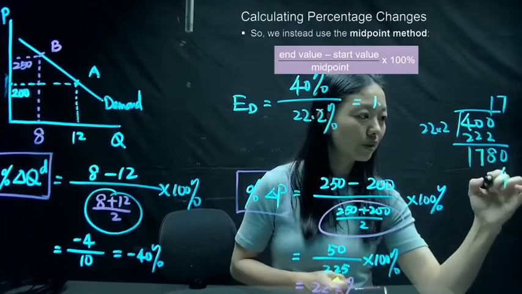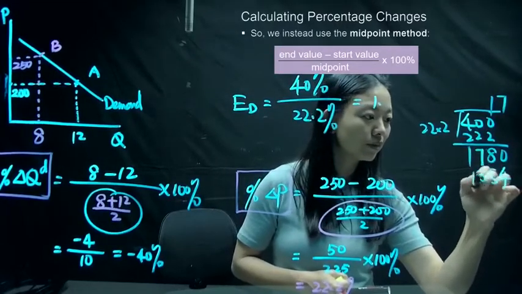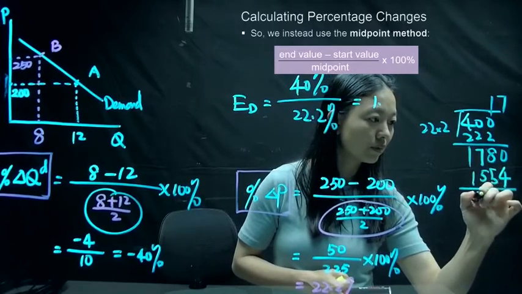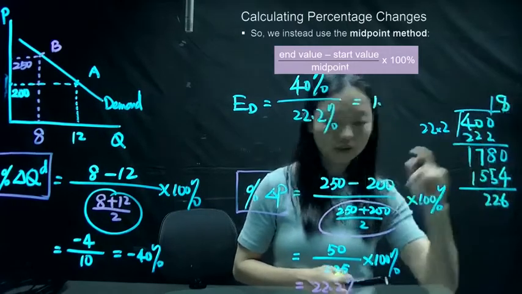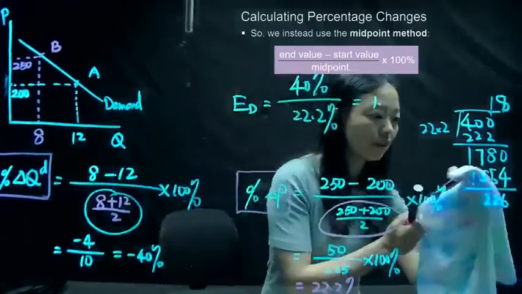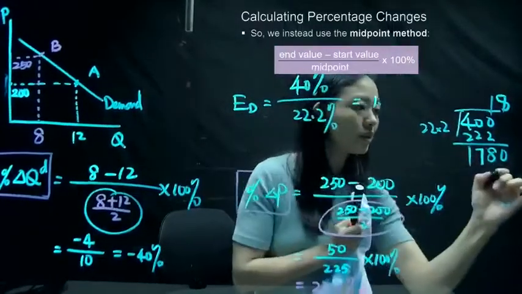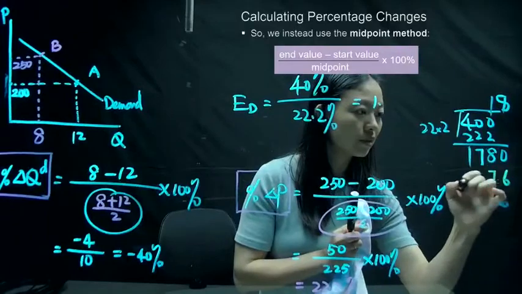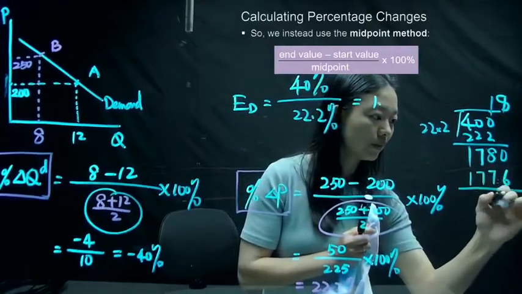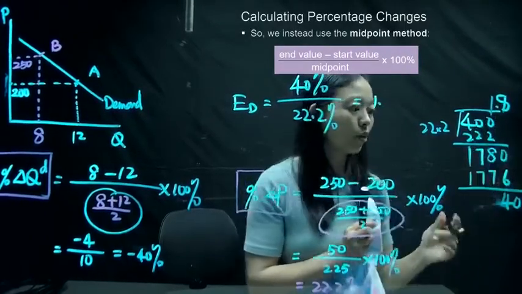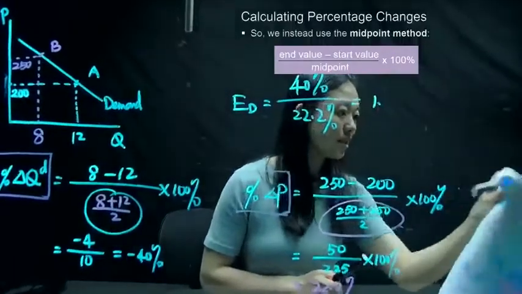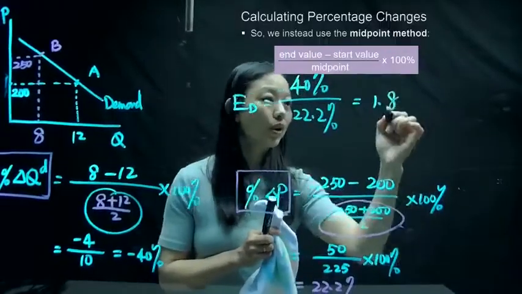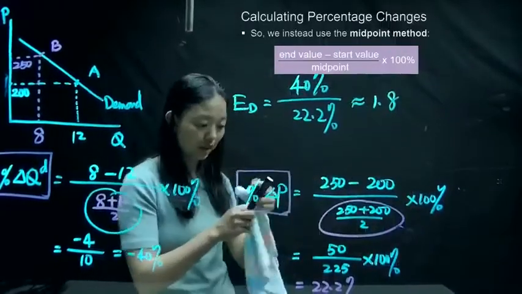So nearly 1.8. Okay, so the price elasticity of demand here would equal nearly 1.8.